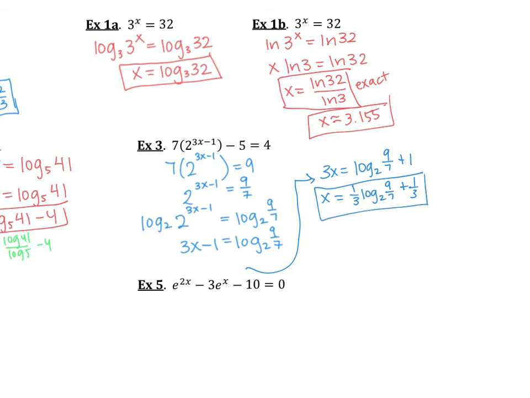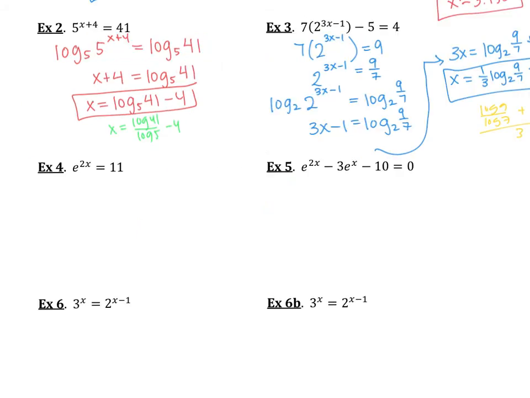Okay, this is a possible answer. Some people like to separate out the log base 2 of 9 over 7 and make it log base 2 of 9 minus log base 2 of 7 or something like that. That's fine. If you did common log, then you might have log 9 over log 7 plus 1 over 3. There's multiple representations. Again, I will take any representation that is reasonably simplified and is correct.